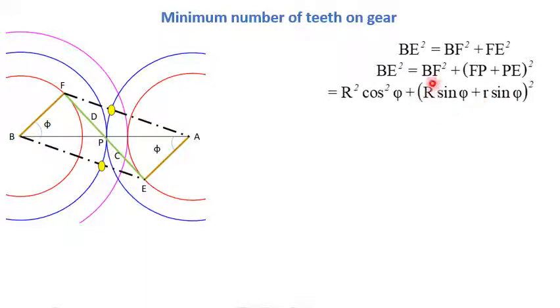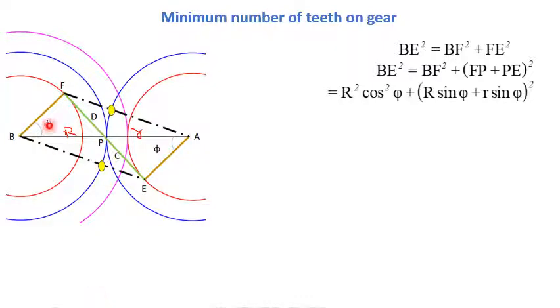But what is this BF in this triangle? In triangle BFP, BF square is R square cos square phi, because BP is the radius of the pitch circle, that is capital R, whereas AP is smaller.